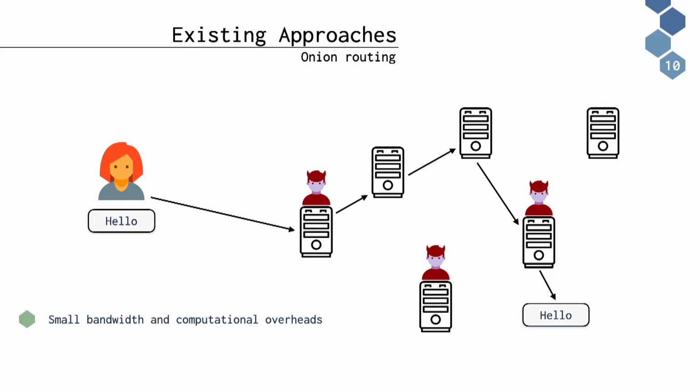But one of the advantages that it has is that it has very small bandwidth and computational overheads, because I just send the encrypted message and forward it a few times. It doesn't really induce much overhead over just sending the message. But it has potentially high latency. Depending on how you exactly deal with this, it is not always clear.